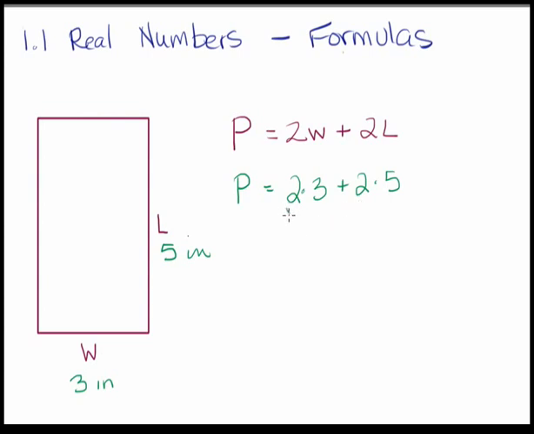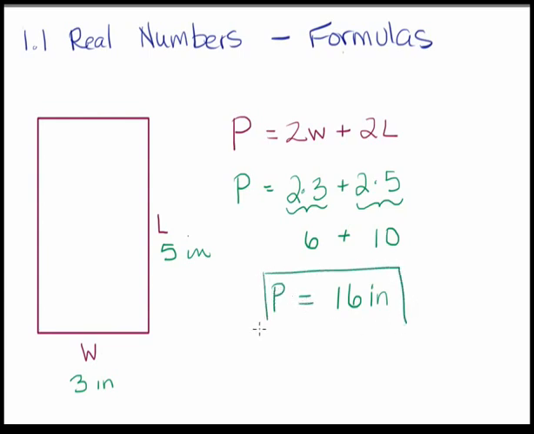Order of operations tells me I need to do multiplication before I do addition. 2 times 3 is 6, 2 times 5 is 10. Adding these two together gives me 16. But 16 what? 16 is 5 inches plus 3 inches plus 5 more inches plus another 3 inches for a total of 16 inches. The perimeter of this rectangle is 16 inches.